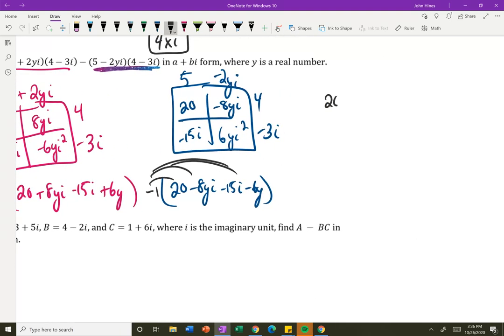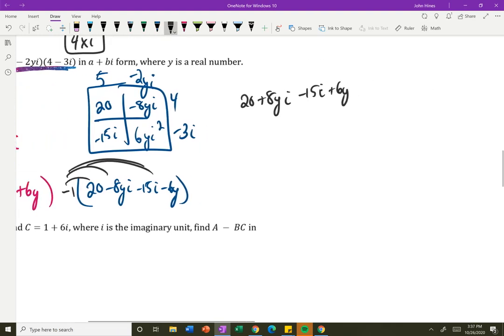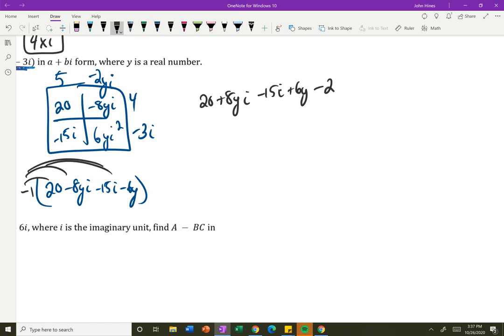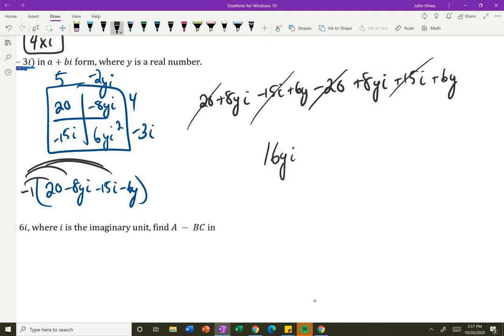So the first box I'm not touching. And now the second box, I'm changing everybody's sign. Minus 20 plus 8yi plus 15i plus 6y. So my 20s divide out, my 15s, and I'm left with 16yi plus 12y, but that's not real plus imaginary.